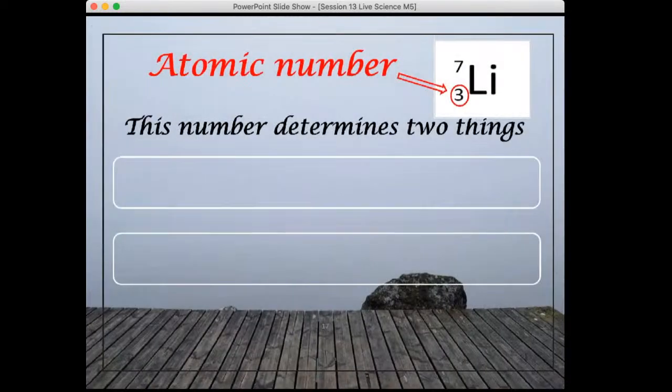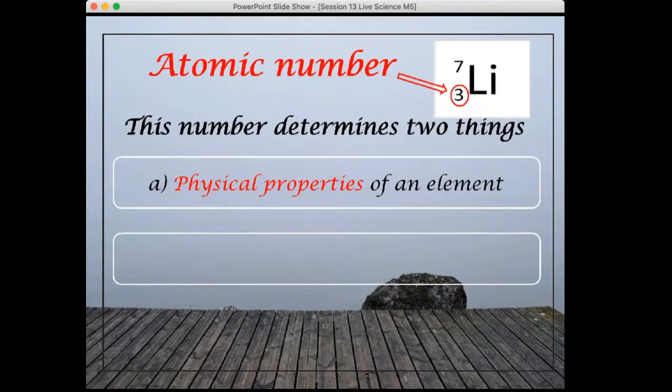This atomic number determines 2 things. A, the physical properties of an element, and B, the chemical properties of an element. So, what are physical properties and what are chemical properties?